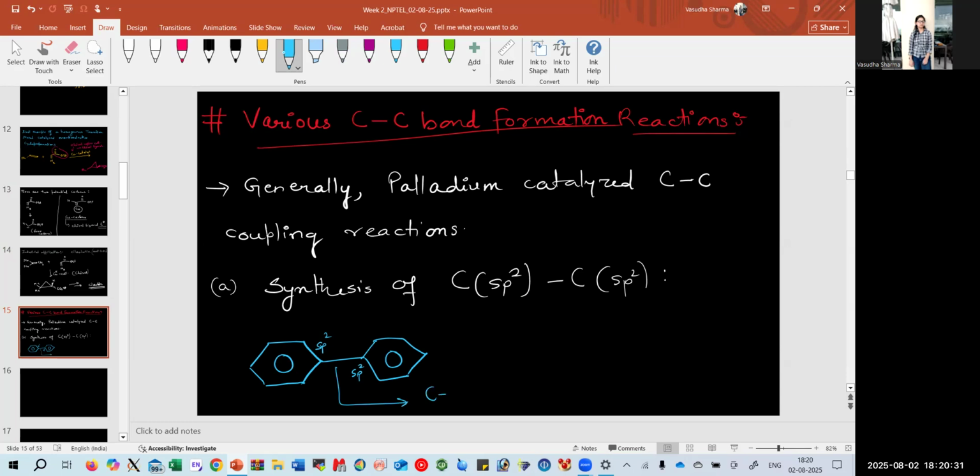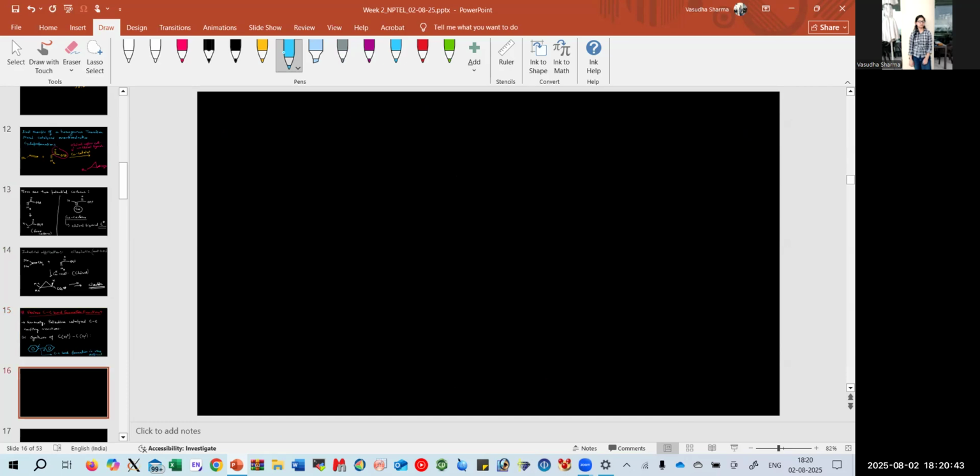So this bond formation is very difficult, but this is feasible by doing the coupling reaction.